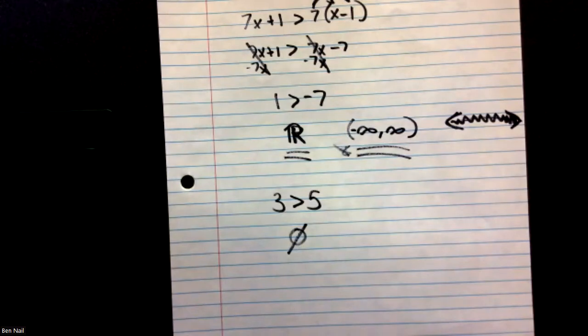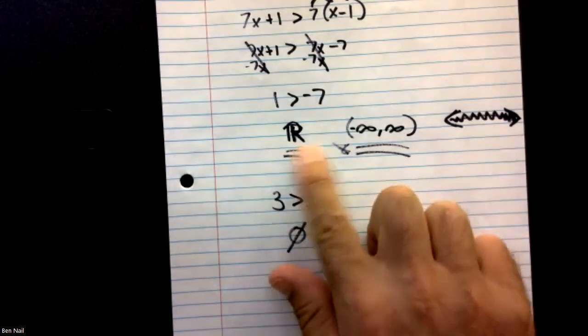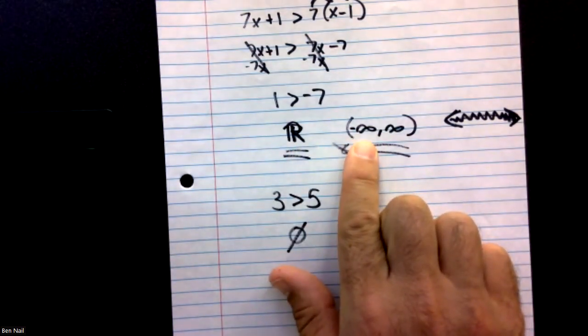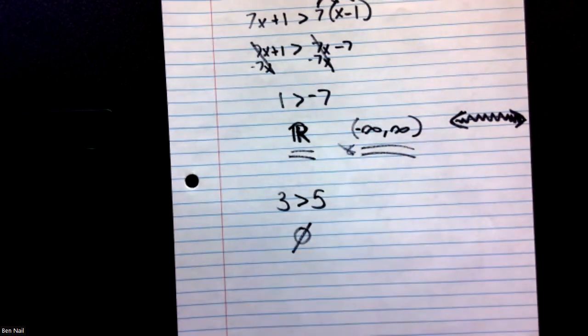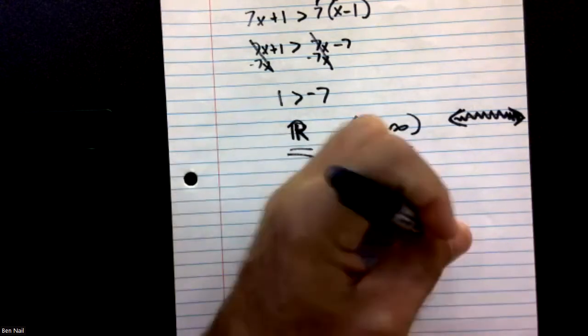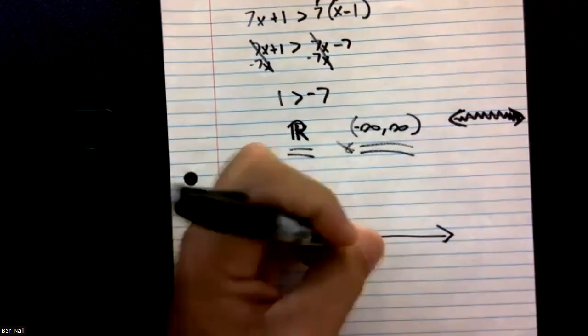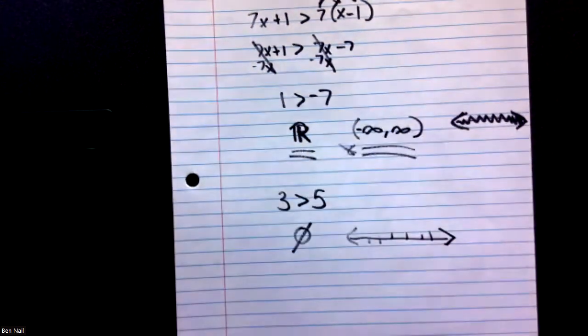And then be aware, every once in a while, they may throw you a curveball where you could end up with all possible solutions from -infinity to infinity, or a no solution. So again, the graph of no solution is nothing gets shaded. You just have a number line with no shading anywhere on it, because no solutions exist.